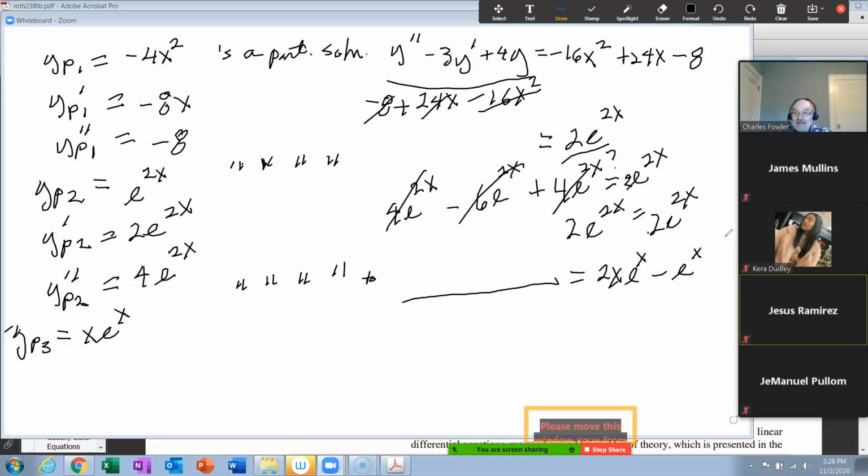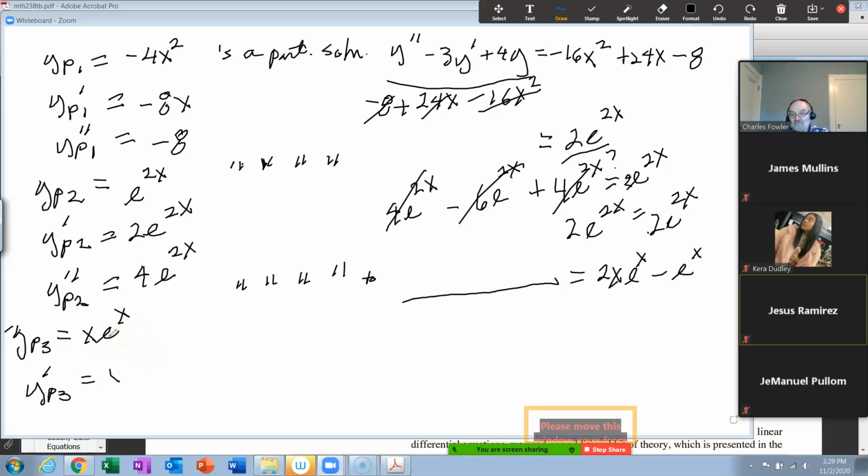Okay, now what we have to do here, just like we had to do before, is compute y sub p sub 3 prime. Now that's going to be a product rule.